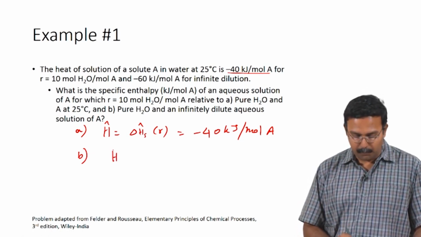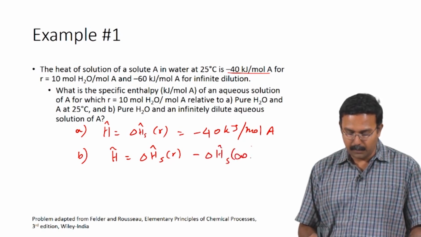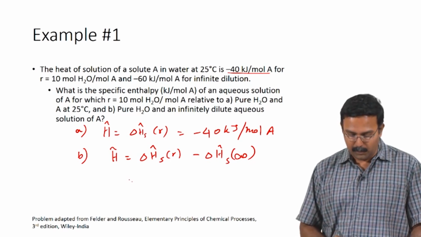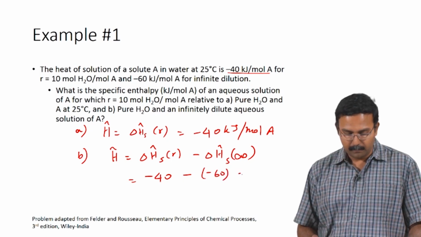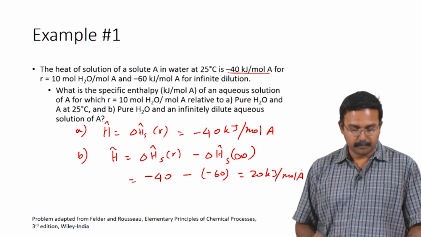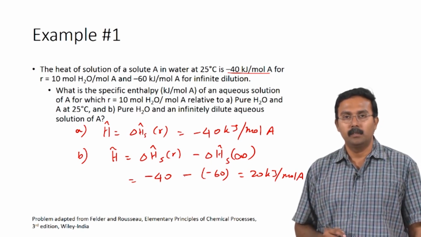So, your H cap would be delta Hs cap at R minus delta Hs cap at infinity. So, this is the infinite dilution. So, what you would have here is minus 40 minus of minus 60 giving you 20 kilojoules per mole of A. So, depending on the reference states we get two different values.